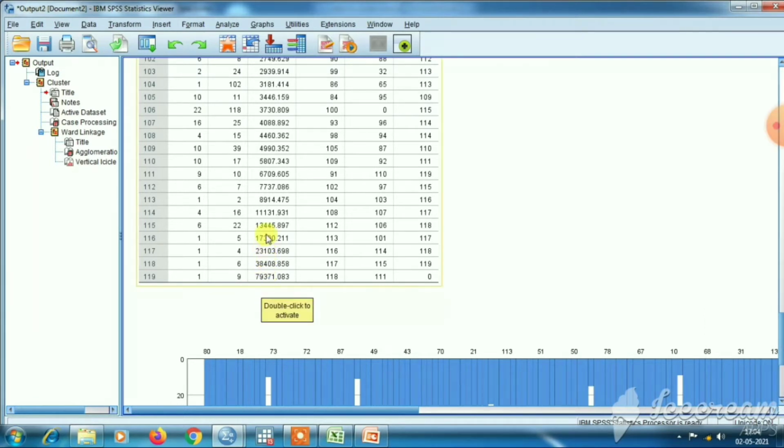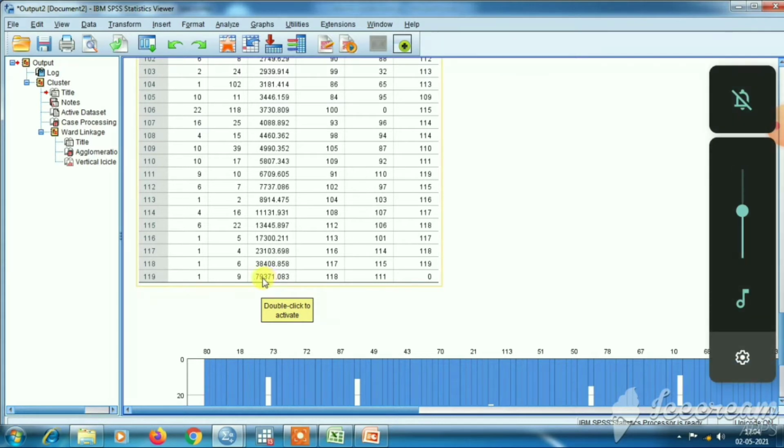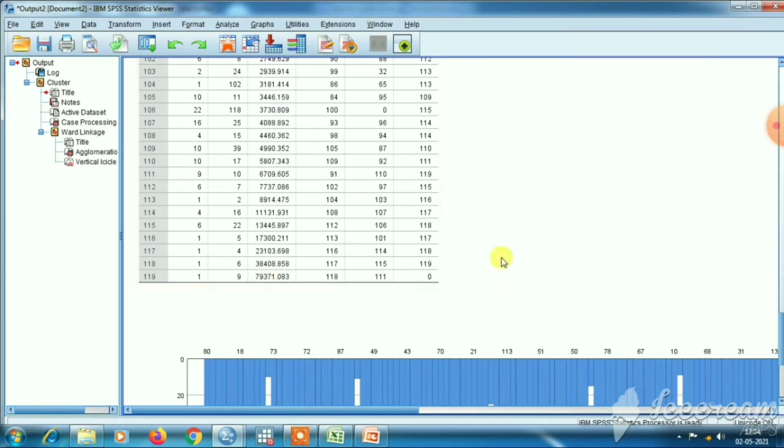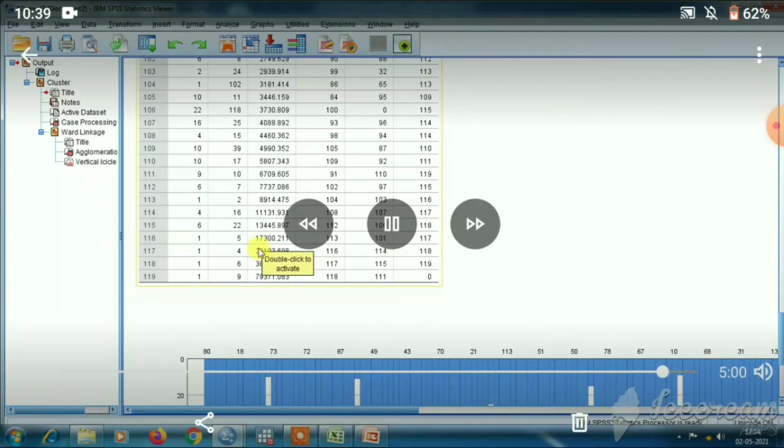So in this way we can determine the number of possible clusters. The total number of cases is 120, and here we can take the number of stages as 117, because the jump is huge here, not 3 or 4, but much more.